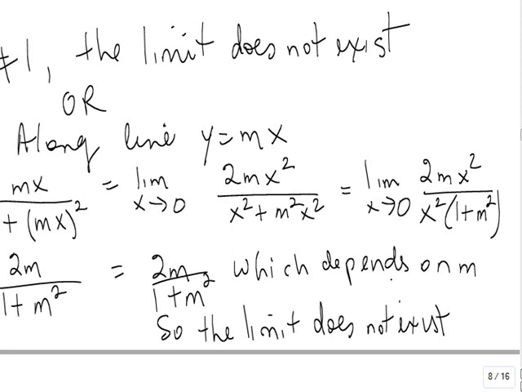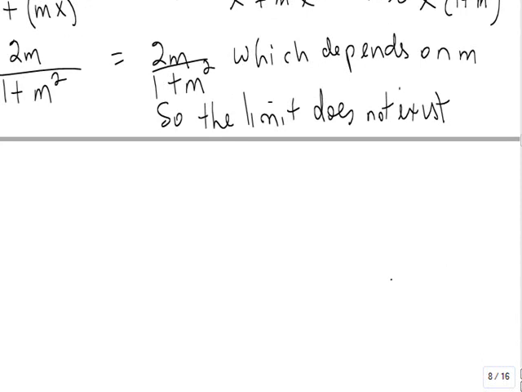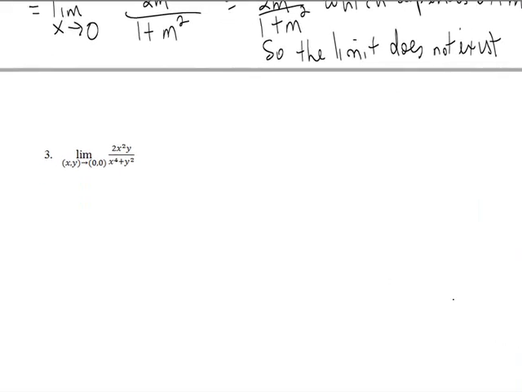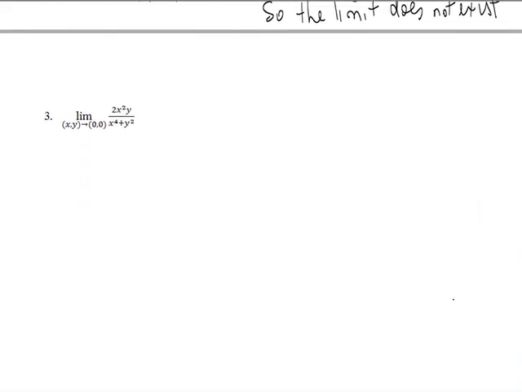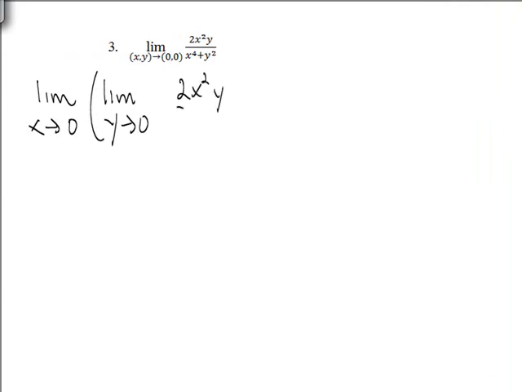Let's do another one. 2x squared y over x to the fourth plus y squared. Always go for the iterated limits. Let's do it. Limit as x approaches 0, limit as y approaches 0 of 2x squared y over x to the fourth plus y squared.